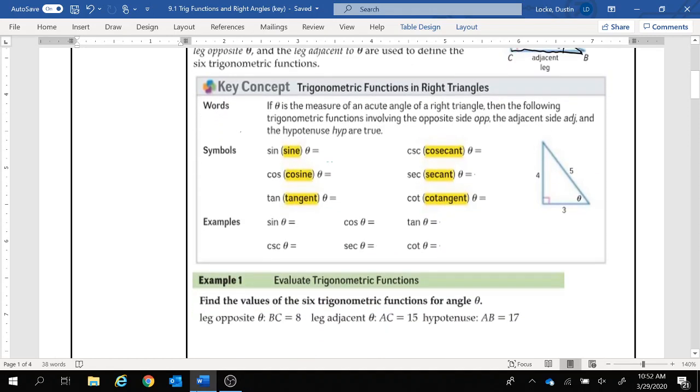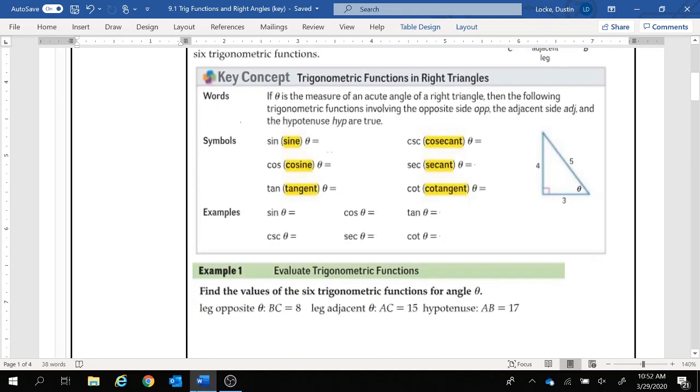So let's look at some of our trig ratios. I'm going to write off to the side here the shortcut rule that you might remember from geometry, and that's SOHCAHTOA. Really, all that is a shortcut to remember what the ratios are for each of your main three trig functions.